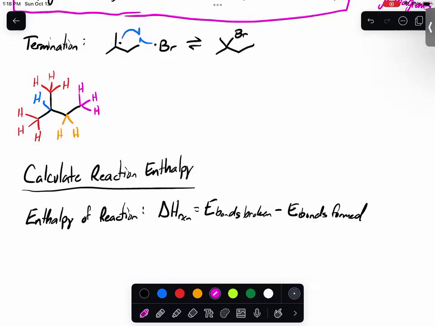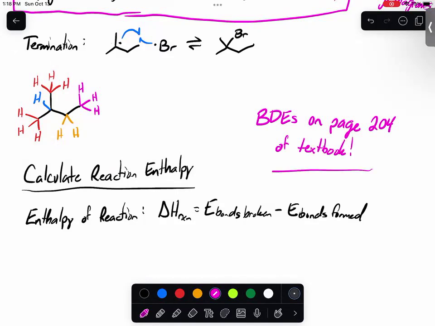You're going to need to use the BDE table, right? Just if you wanted to know where all of them are, because I will give a very truncated list, they are on page 204 of the textbook.